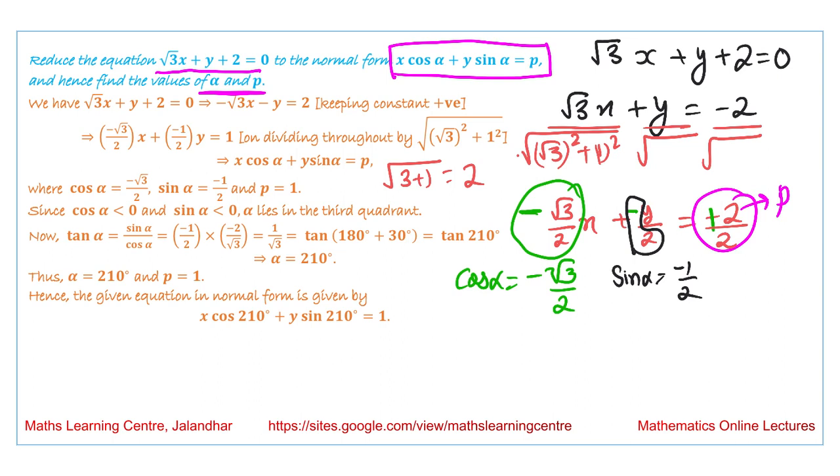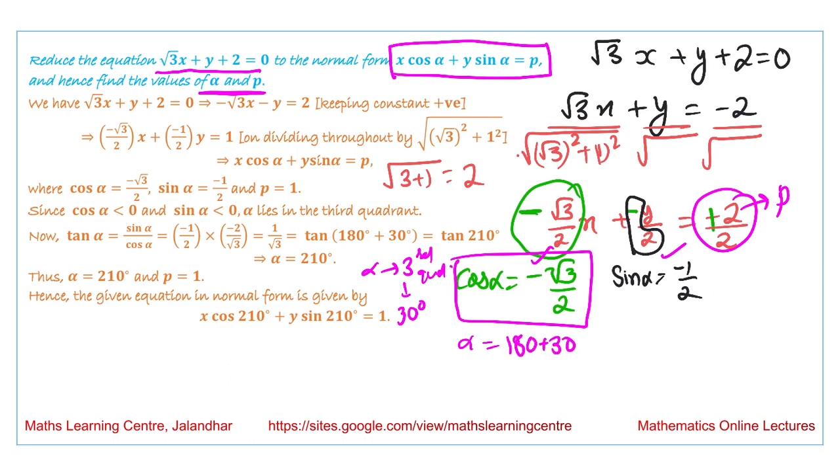So, from this result we are saying the value of alpha we require, it is cos is negative, sin is negative. It means that the value of alpha will lie in the third quadrant, and corresponding to these values the angle we should have is 30 degree. So, in third quadrant, the value we will have is 180 plus 30, that is equal to 210 degree.